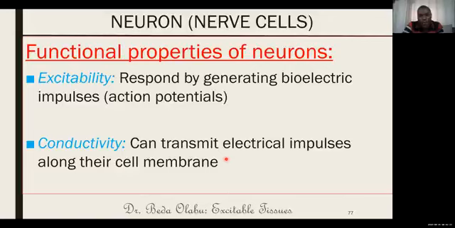So far, the other two basic tissues we've done, none of them could do this. And so neurons are very unique. We are going to see maybe next week that the other cells that can actually do these two are muscle cells.